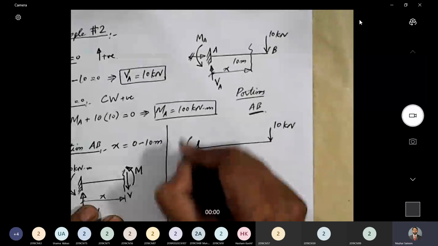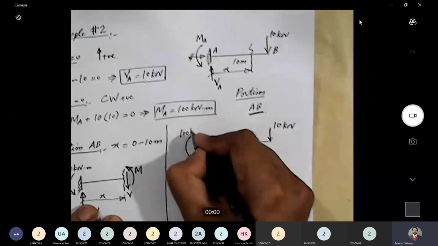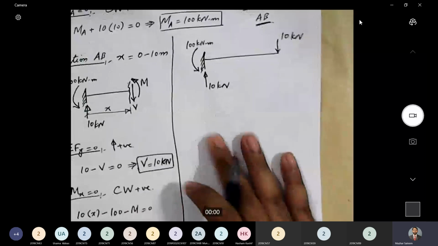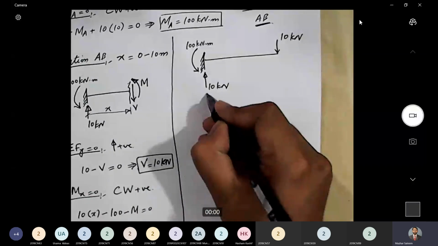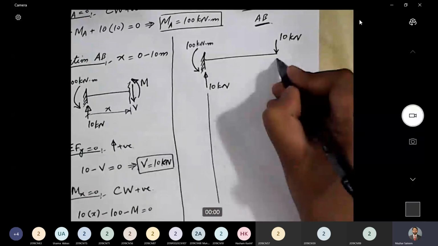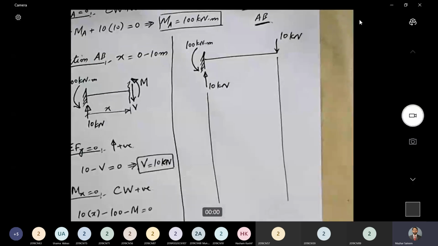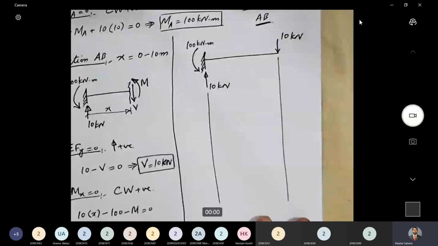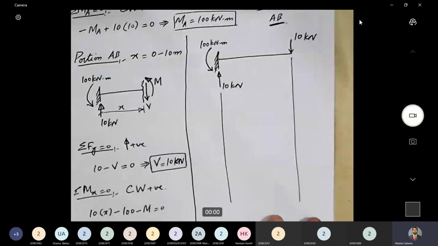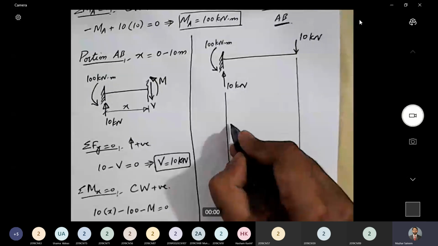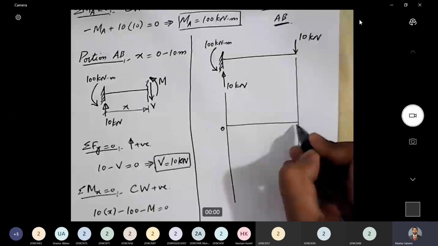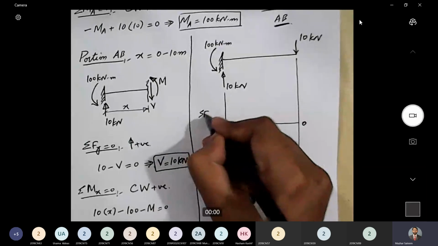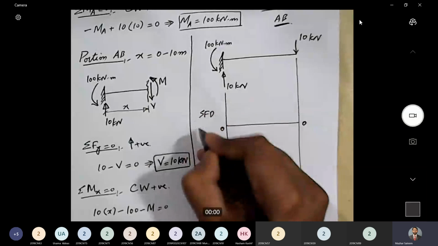Now let's draw the guidelines. Okay, this is going to be our 0 line for SFD in kilonewton.